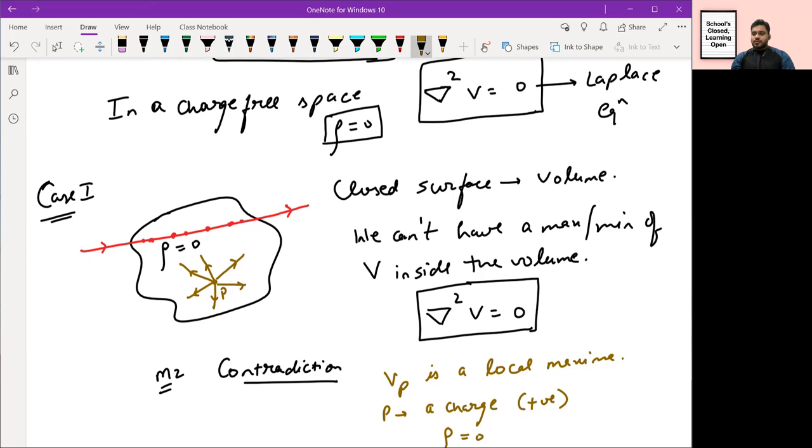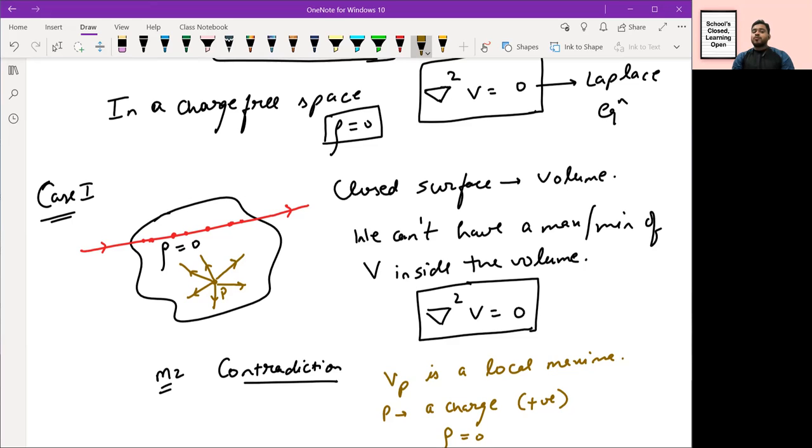What we did is, if P is a maxima, then in every direction from P, there should be a reduction in potential. That means electric field must be in the direction of reduction of potential. And if electric field lines are getting originated from P, rho should be positive, and we have already given that rho is 0. This is the condition for case 1, rho is 0. So our assumption is wrong.